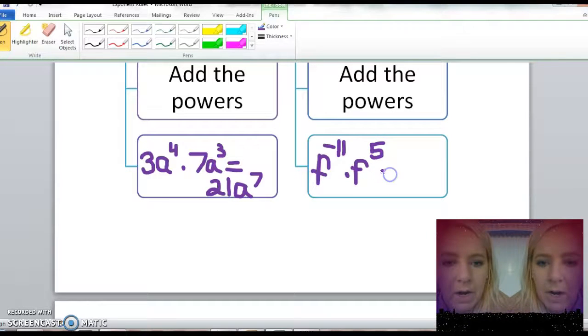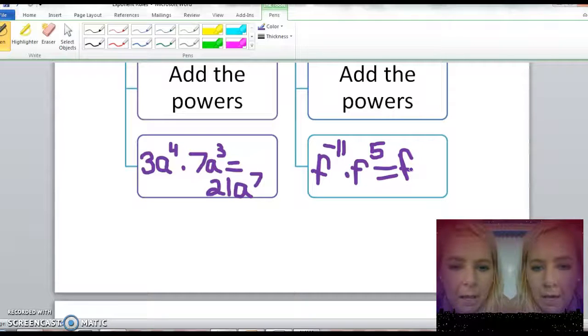Again, my base is f, so that stays the same. And when I add my exponents, I can use my calculator to help. Negative 11 plus 5 gives me negative 6.